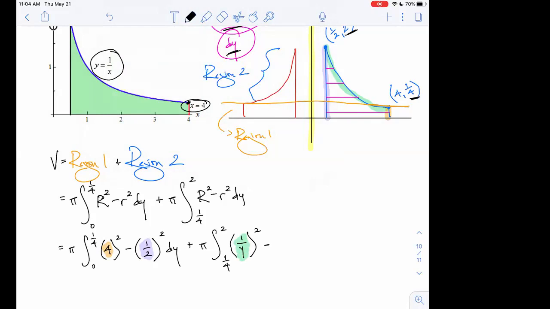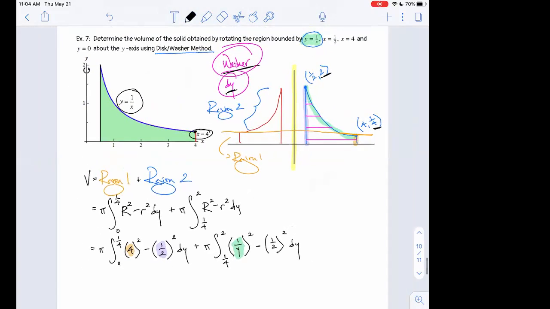Minus the inner curve, the inner radius actually stays the same for this one. So minus 1/2 squared dy. Okay. Questions about this setup? Okay.